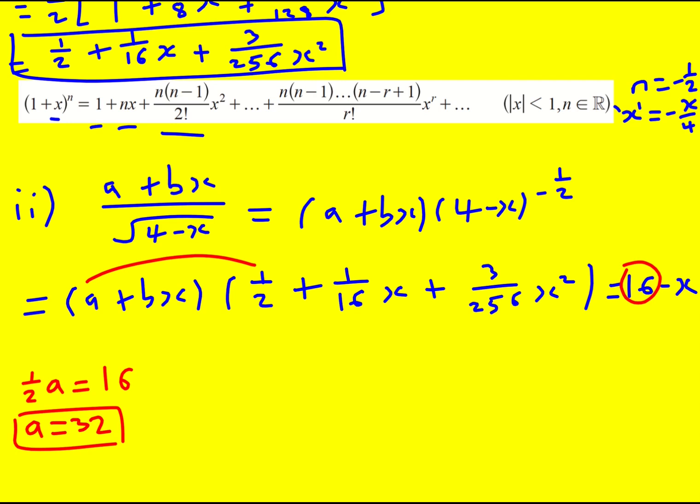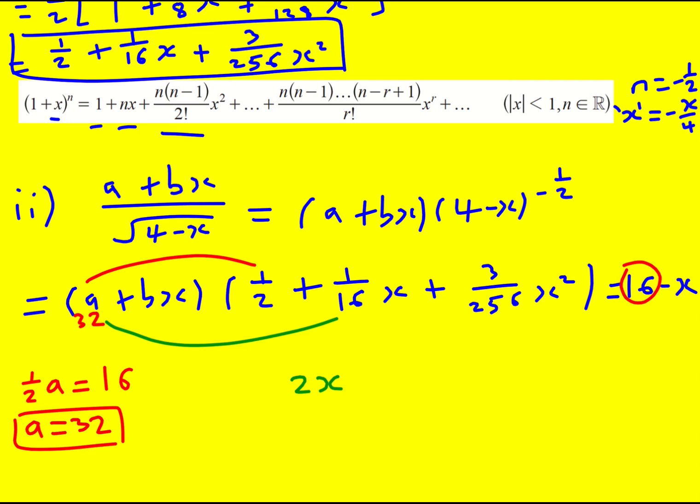And then all I need to do is work out the x term. So now I can replace this by 32, just temporarily. Then I'm going to do 32 times 1 over 16x. That's going to give me 2x, since 32 divided by 16 is 2.